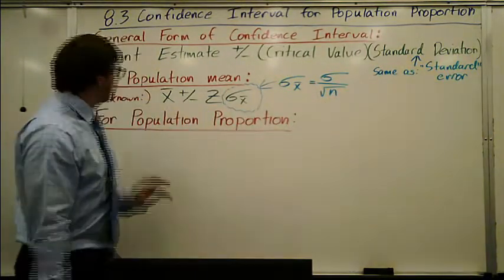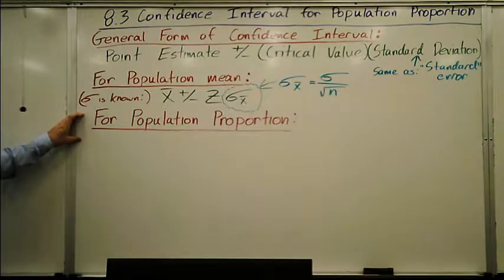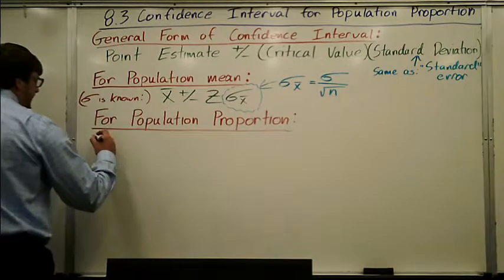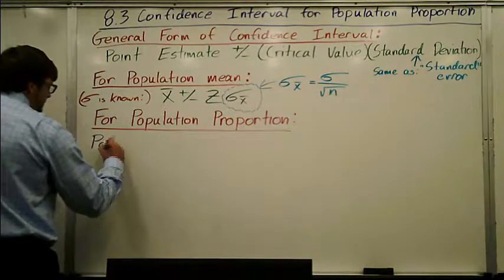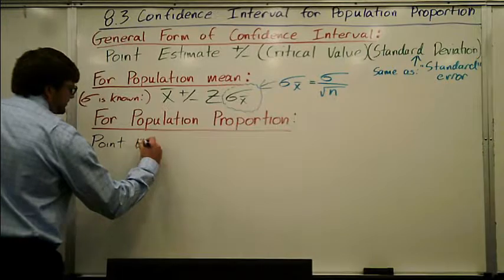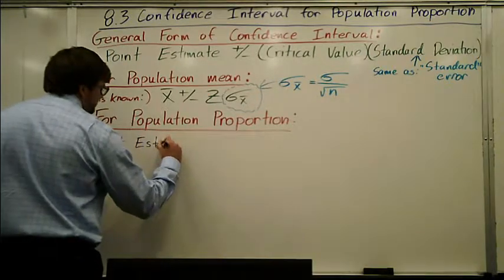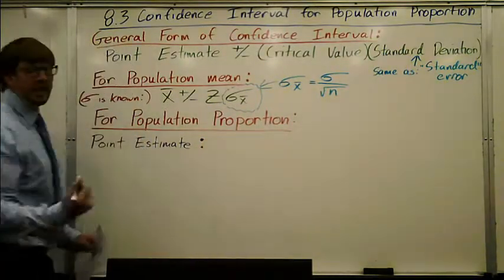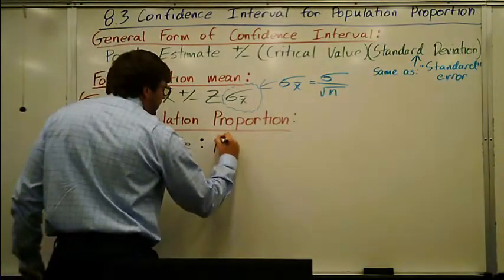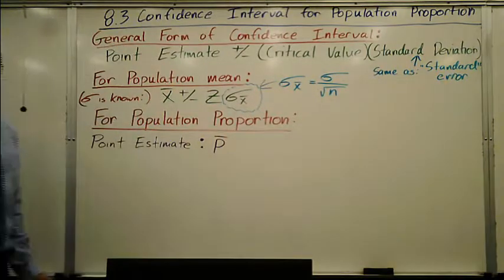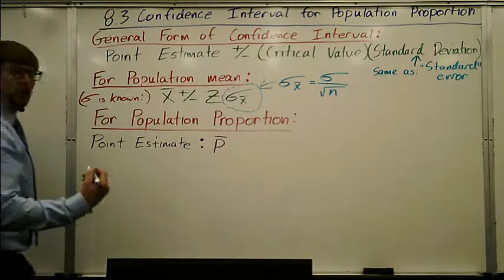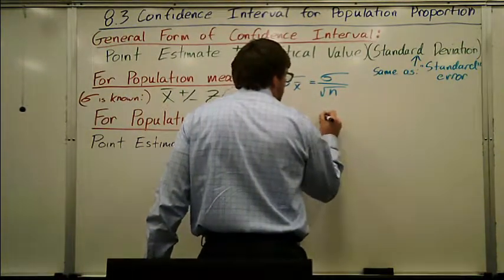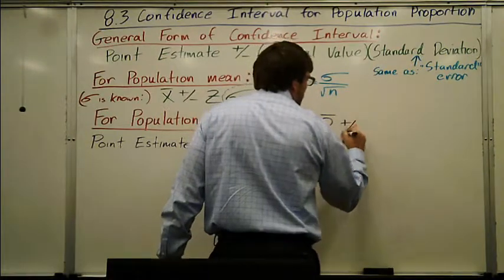Alright, so let's talk about now for a population proportion. First off, a point estimate for a population proportion is just p hat, which is your sample proportion. So it is going to be p hat plus or minus.